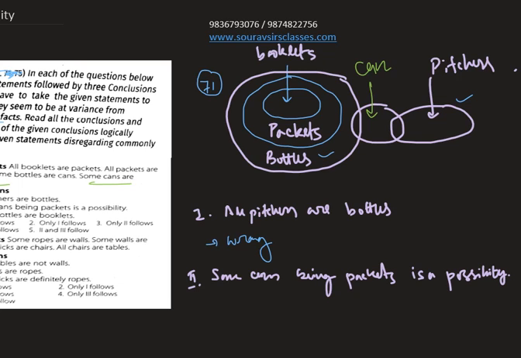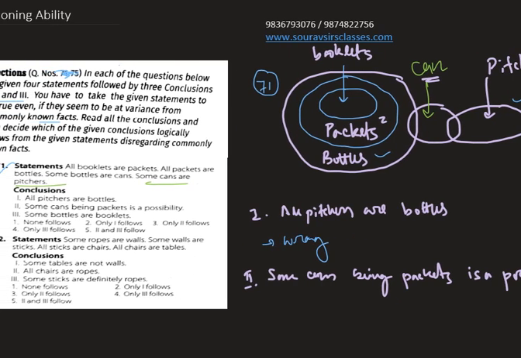Now as we can see, this is the can set and this is the packet set, and there is a link between cans and packets. So we can say that some cans being packets may be a possibility. There is no strong proof that the statement is not true. Therefore, we state that this is a right statement.